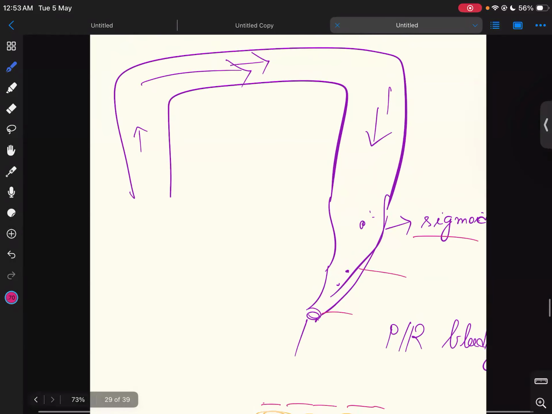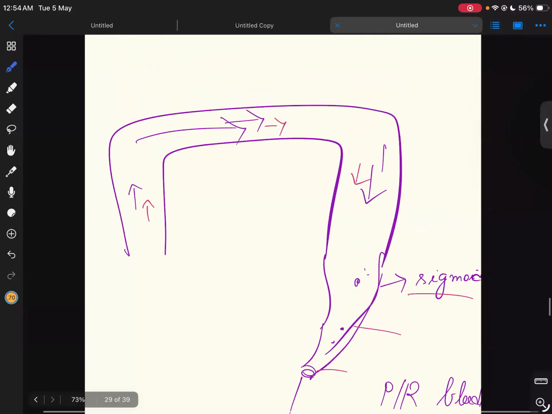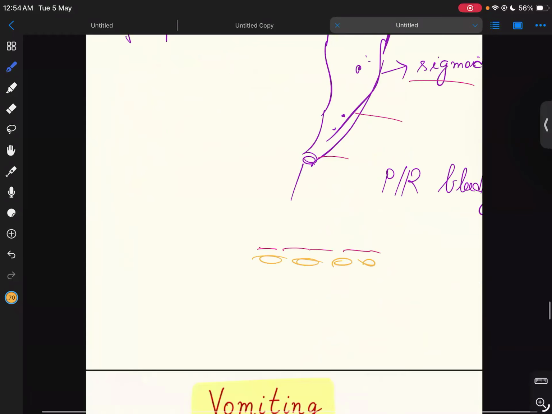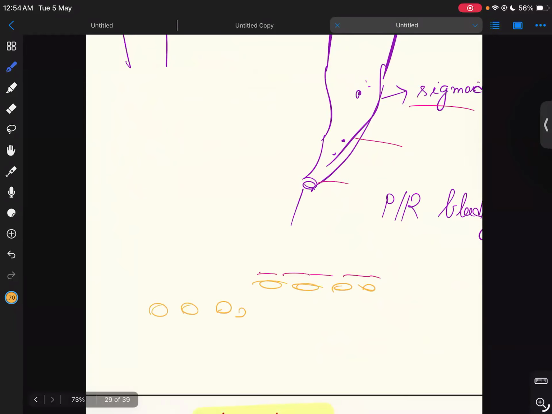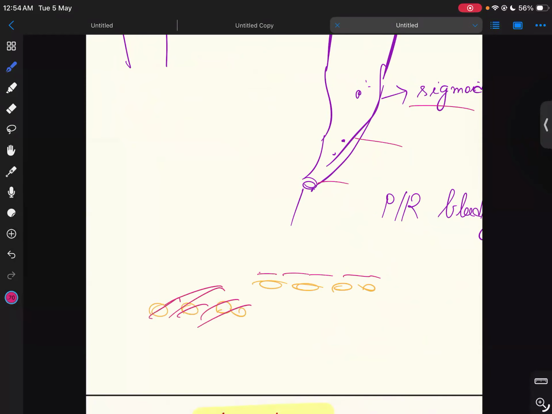But if it happens proximal to the sigmoid colon, that is the ascending colon or the transverse colon or the descending colon, at that time, the stool will get enough chance to interact with this blood. It will get mixed with blood. So whenever the patient is going to defecate, he will find that blood is mixed with the stool.